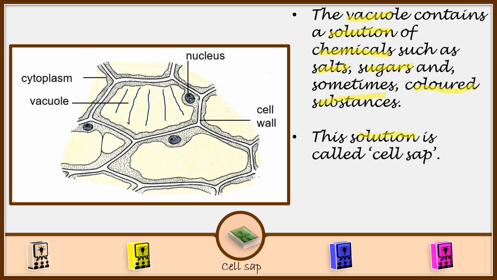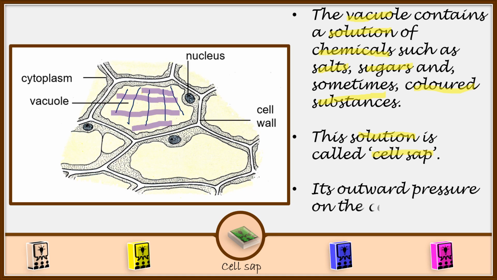The solution is called cell sap. So our solution that we are finding in the vacuole is called the cell sap. That is the solution which we find in the vacuole. Its outward pressure on the cell wall keeps the cell firm.